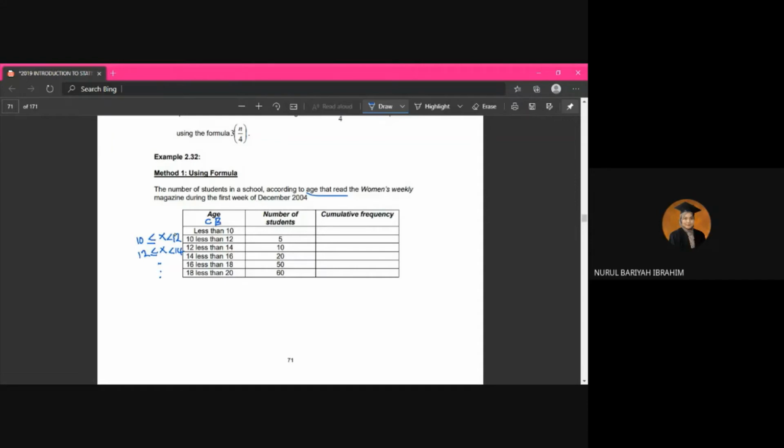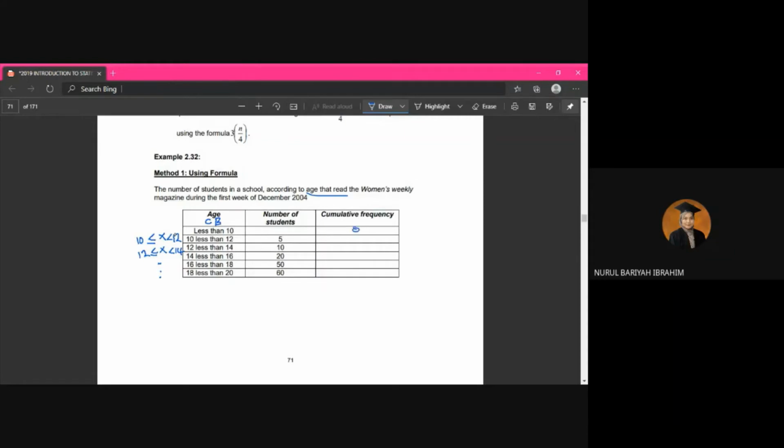Okay, so from here we have the class boundaries: 10, 12, 12, 14 until 18 to 20. So the column here is the column of the frequency, and then as I said just now, we need to create another column, which is the cumulative frequency column.